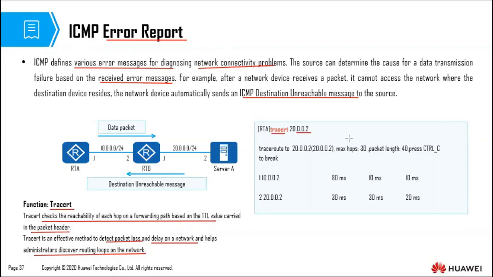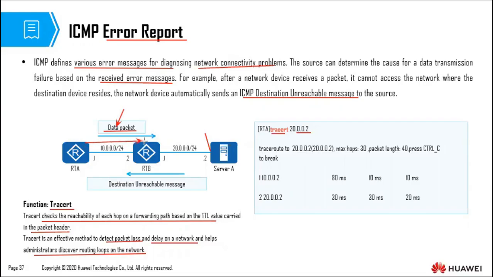Now, this is how it happens. What happens when you send traceroute from RTA to this particular destination? RTA will send the first data packet. The destination is 20.0.0.2, but the TTL value will be 1. The TTL value of this first data packet will be 1. Are we together? So if it's 1, what happens when this packet gets to RTB?